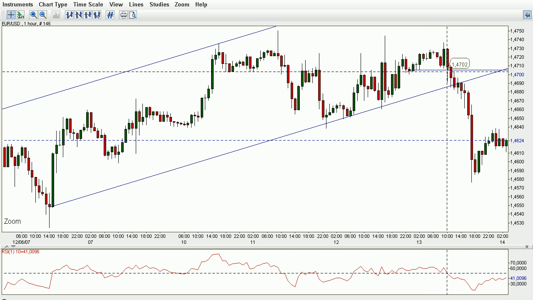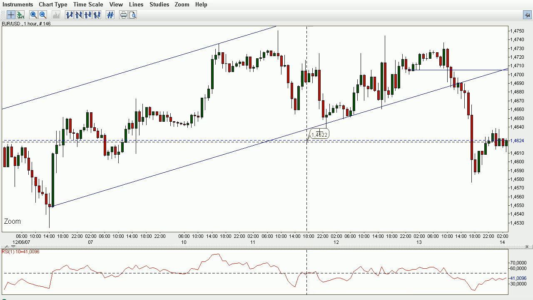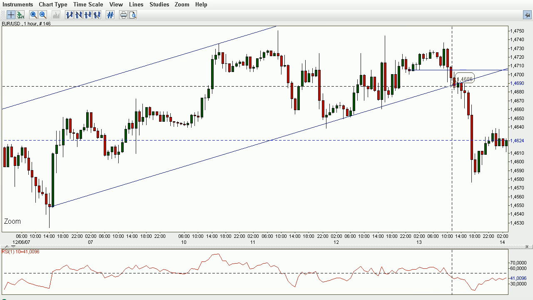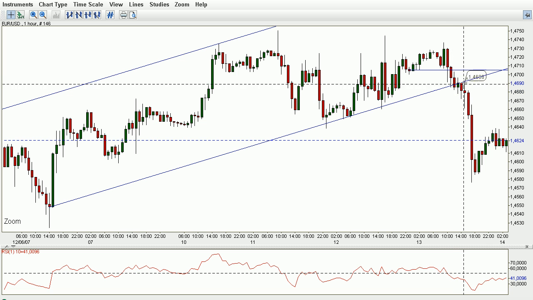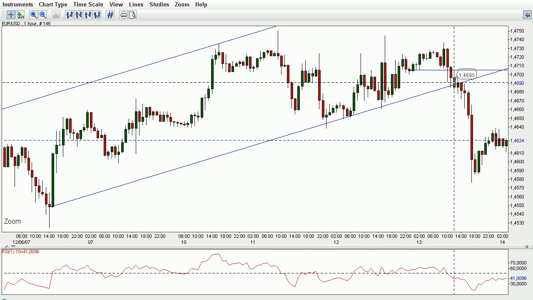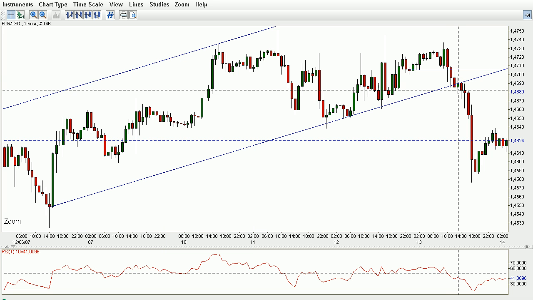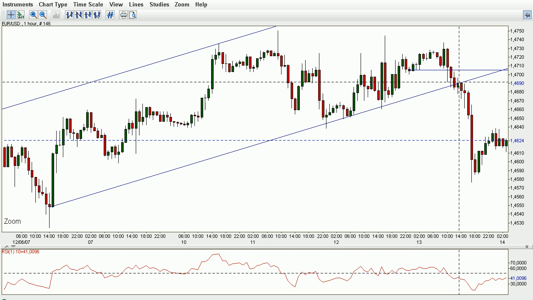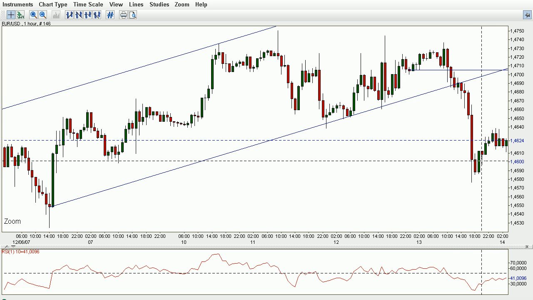So this should have been your primary support level, and when you saw this break, you should be waiting for this break of this lower trend line of this channel in which the currency was trading. And then when we saw this breakout right here appearing on this bar, then you saw this little retracement to retest the lower boundary of our channel, and then you can see how large was this fall.